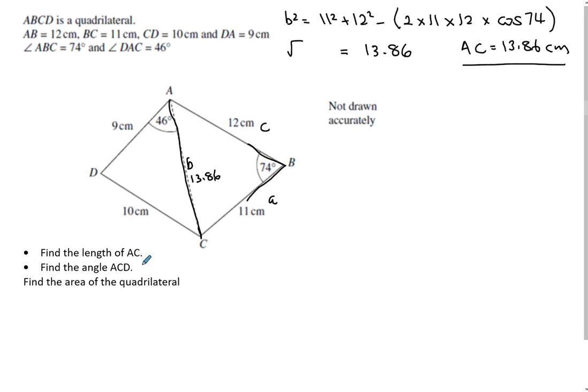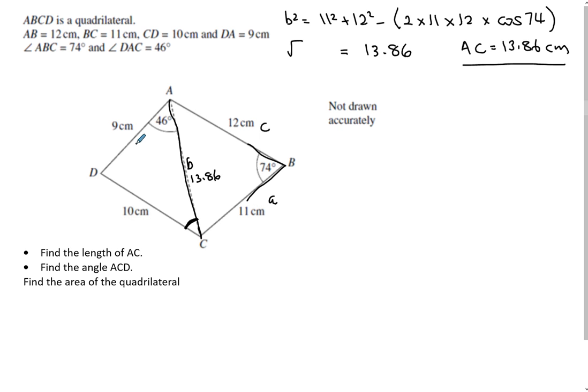Now we have to find the angle ACD, which is that one there. Again, just look around. We want to find an angle. We could use the cos rule, because we've got the 3 sides, but we can also use the sine rule. So let's go for the sine rule this time.